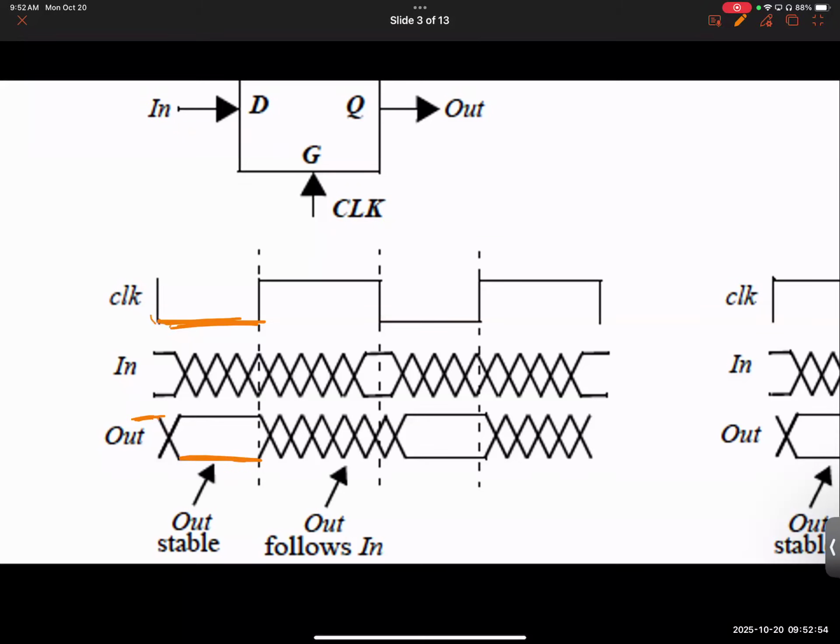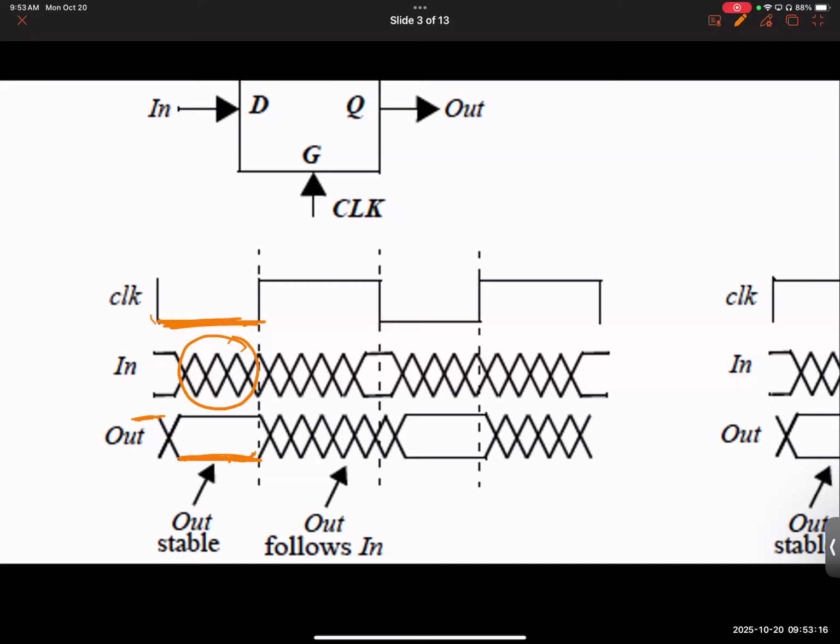Notice the clock is 0. Notice the input is changing, but the output is not doing anything. It's as if it doesn't even see the input. Are you all good?